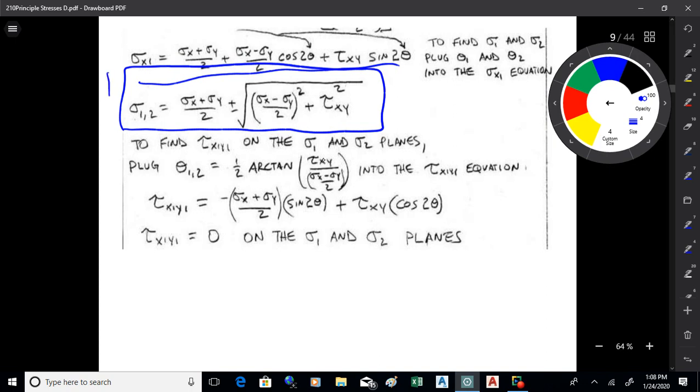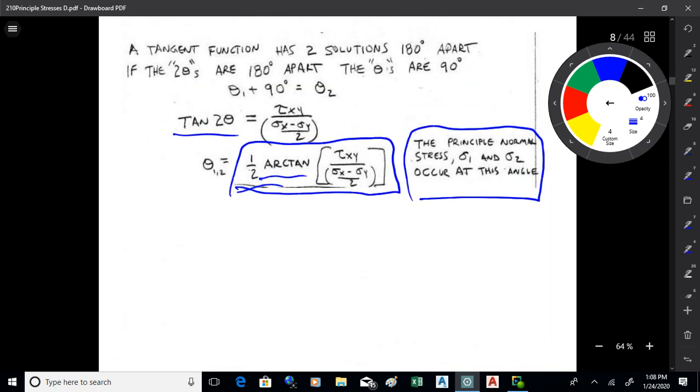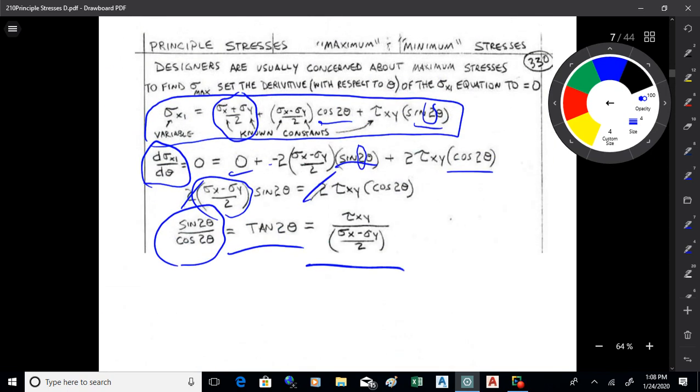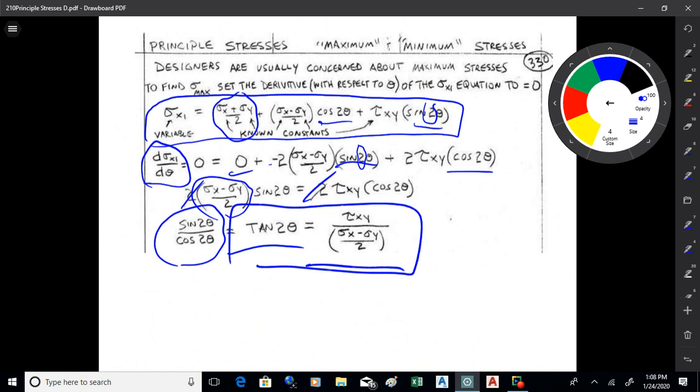So if you know what sigma x, sigma y, and tau xy are, which generally speaking we do, you can figure out the maximum and minimum normal stresses in the object you're designing by using that equation. You can also figure out what angle it acts at by using equation 27. So that's good information there.